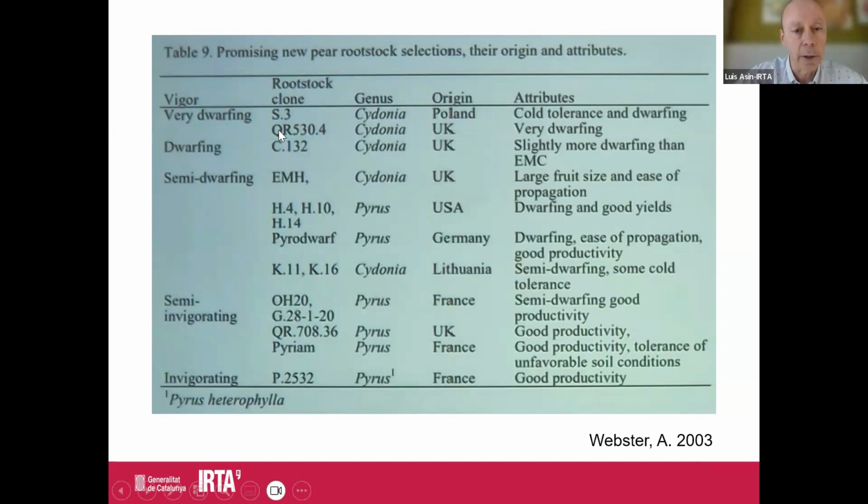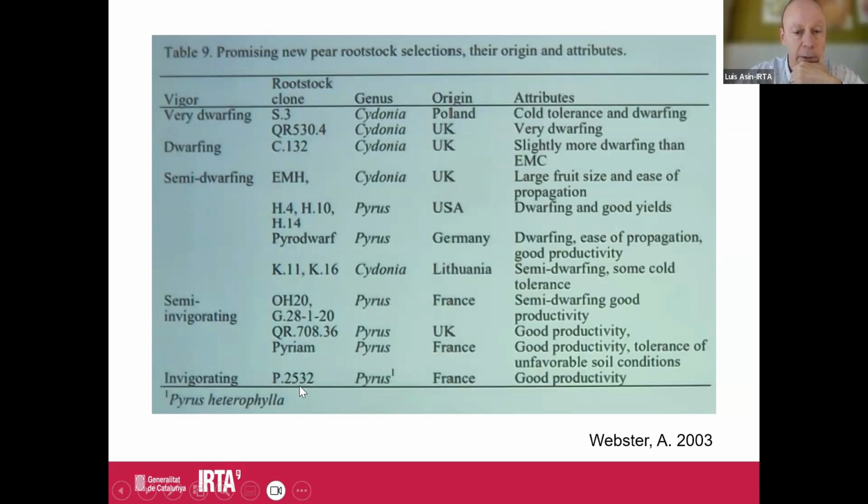From all this number, there are just two of them, in my opinion, that have had any impact: this EMH, a Quince developed in the UK, and also this Pear, a Pear rootstock developed in France.